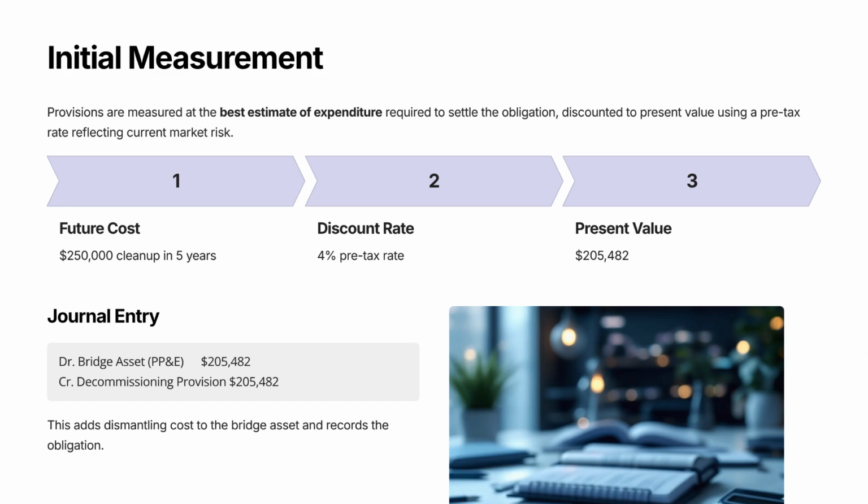Credit decommissioning provision, $205,482. This adds the cost of dismantling to the bridge asset and records the obligation. If the underlying asset were leased instead of owned, the decommissioning cost would be added to a right-of-use asset under IFRS 16. Now that we've measured the provision, the next question is, how does it change over time?